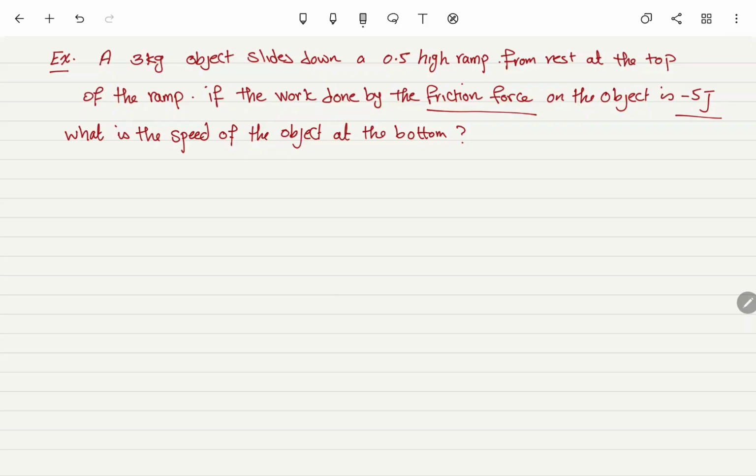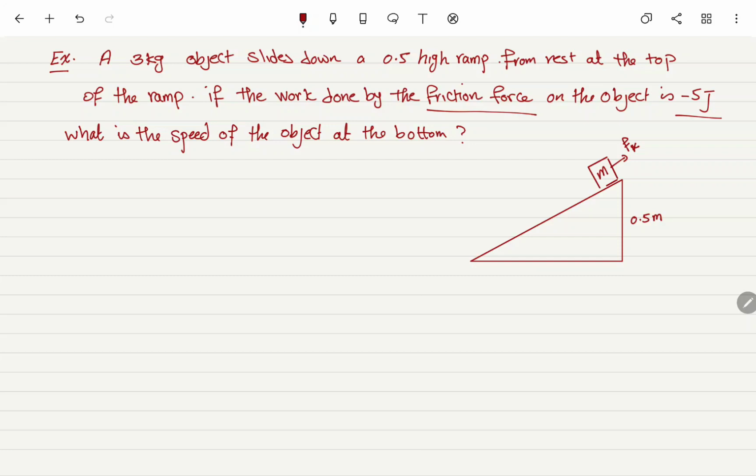Back to our example here, we have a ramp. As we can see here, here's the mass m. The height here is 0.5 meters, and we have frictional force.